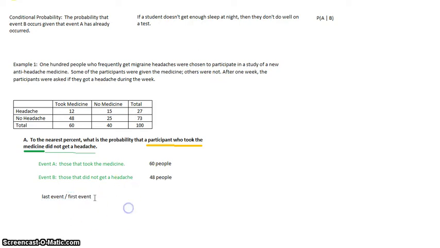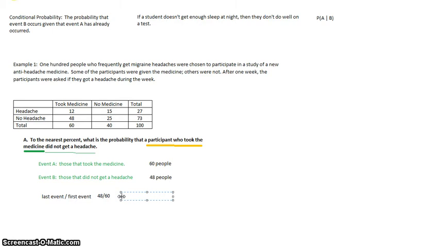For this problem, our last event is those that did not get a headache, 48 people, divided by our first event, those that took the medicine, which is 60 people. So the probability is 48 out of 60.